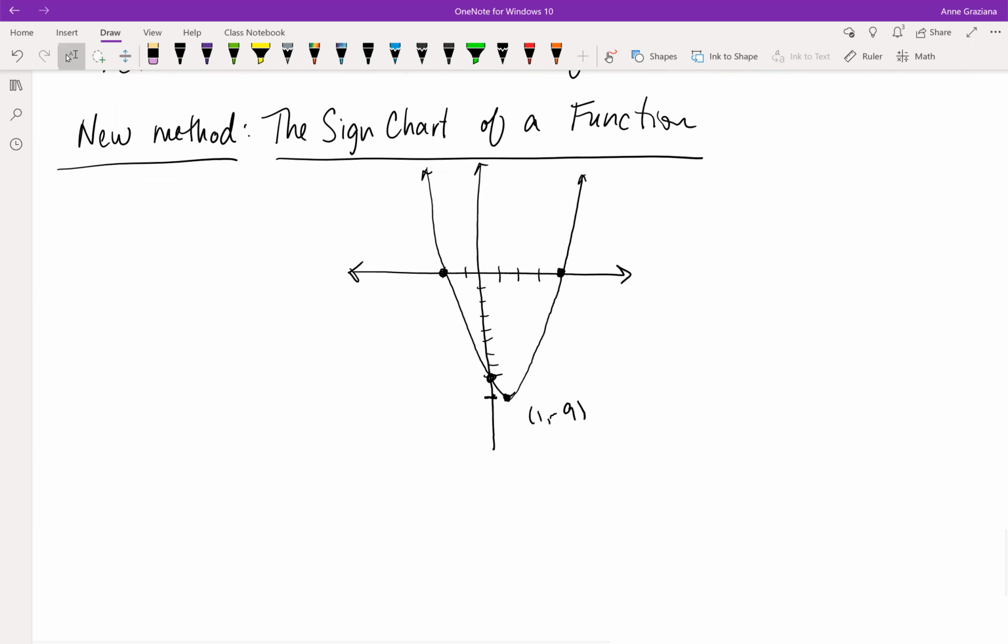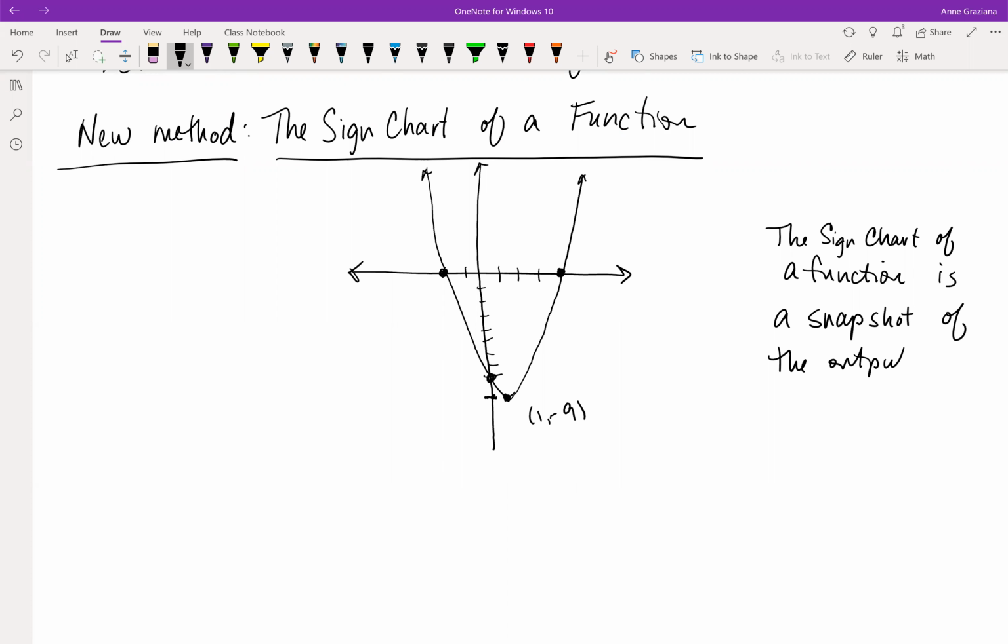Now, the sign chart of a function is just what it says it is. It is a snapshot of the outputs of a function. It records the signs of the function's outputs, or y values.